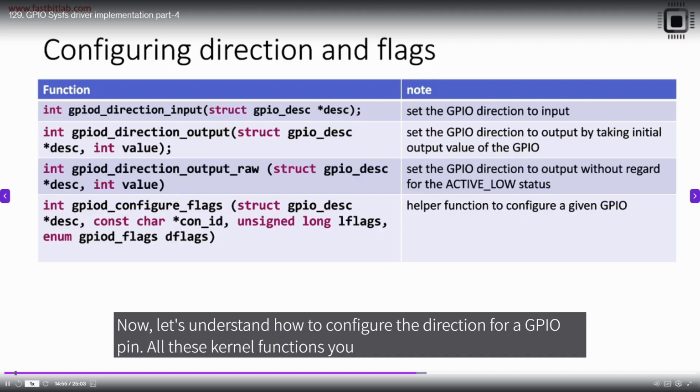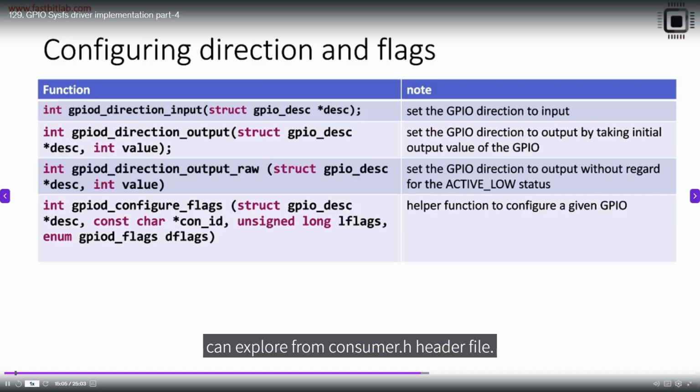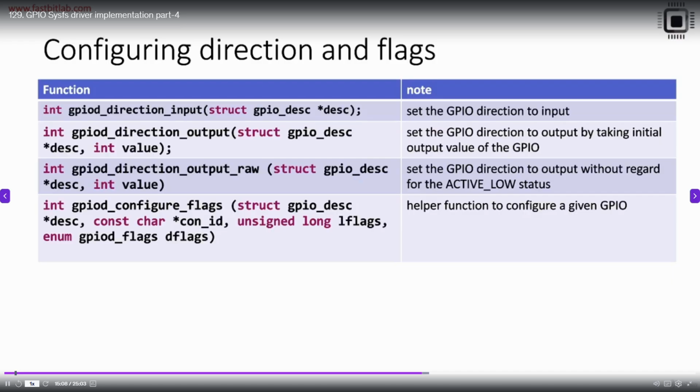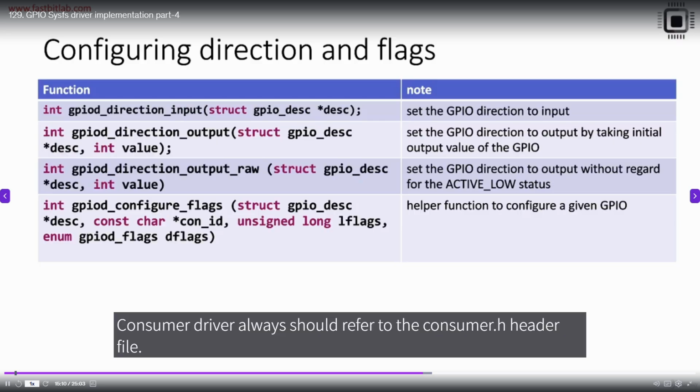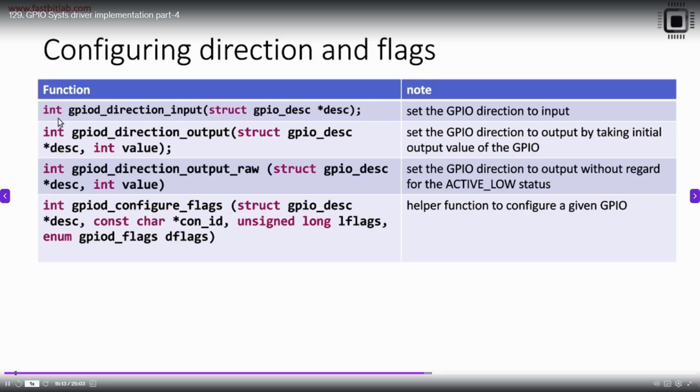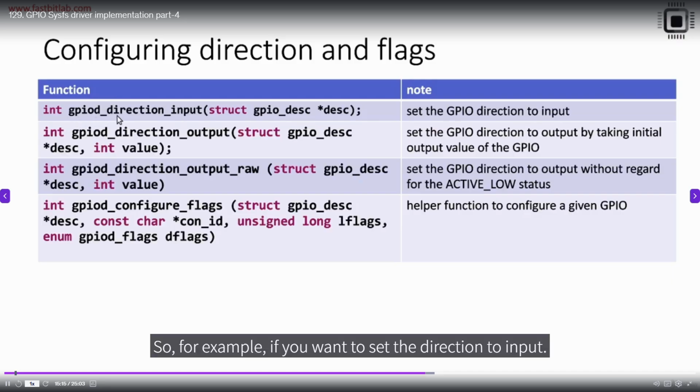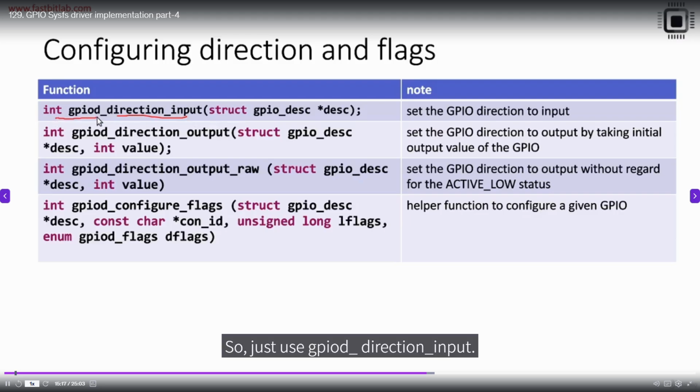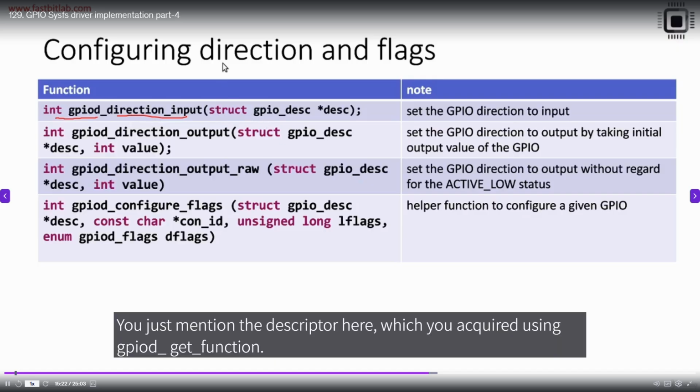Now let's understand how to configure the direction for a GPIO pin. All these kernel functions you can explore from the consumer.h header file. A consumer driver should always refer to the consumer.h header file. For example, if you want to set the direction to input, just use gpiod_direction_input. You just mention the descriptor here which you acquired using the gpiod_get function.